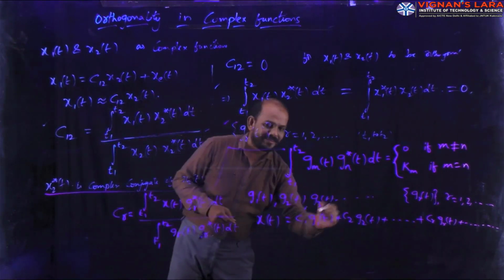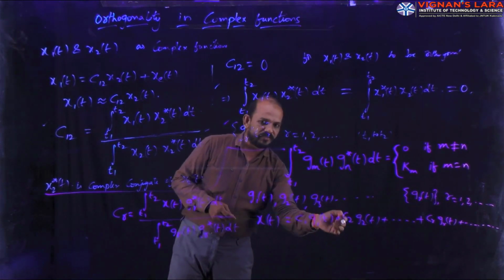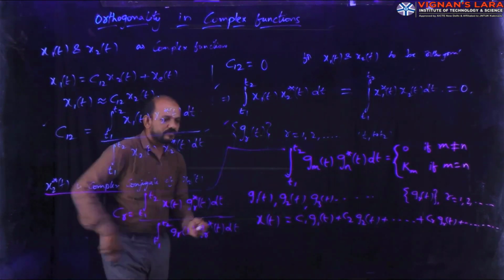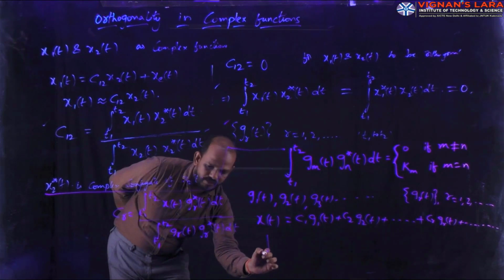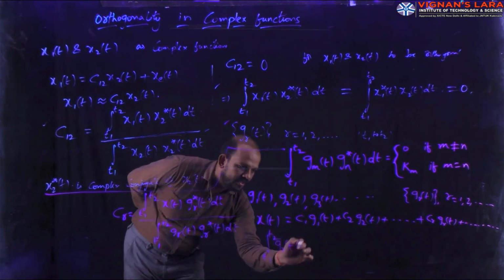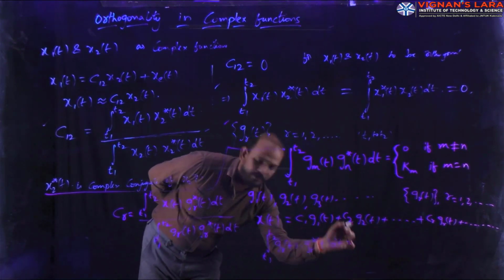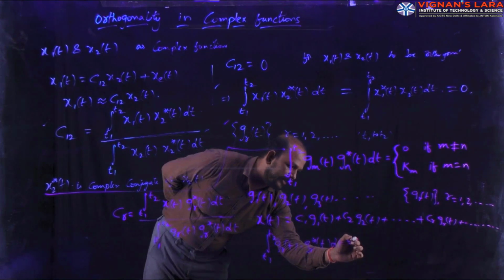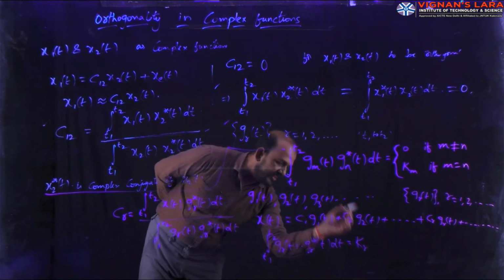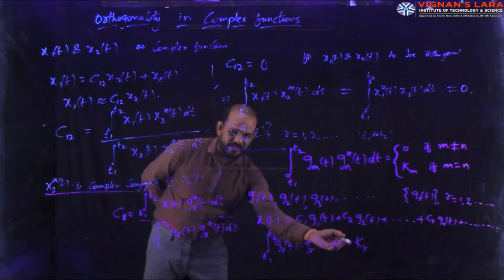So for this exact approximation of x of t, I can find out the values of c1, c2, that is cr, by using this formula. Whereas this one, integral t1 to t2 gr of t into gr star of t dt, will be taken as some constant k suffix r. In place of this I can write kr, because this is a constant.